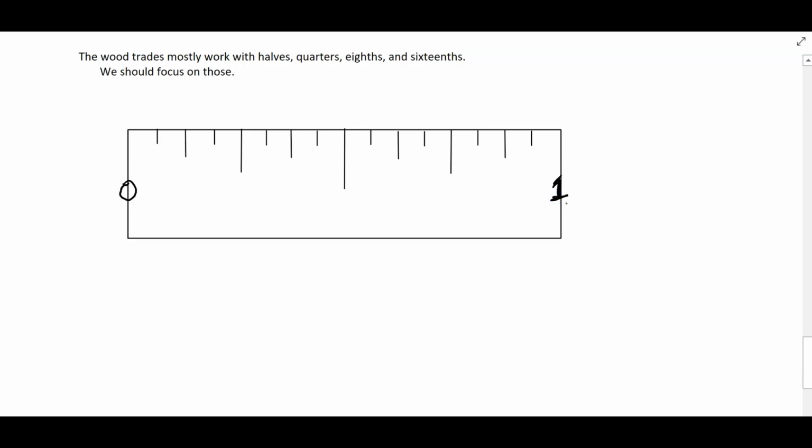All right. Halfway between 0 and 1 is 1/2. Notice on a tape measure, and you can look at your own as well, that it is the longest mark. Okay, so it goes down to there. Okay, it's the longest mark.